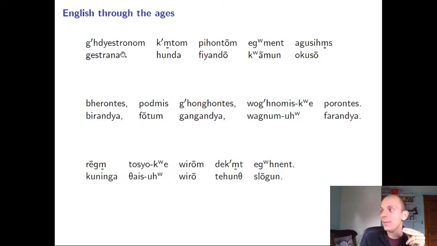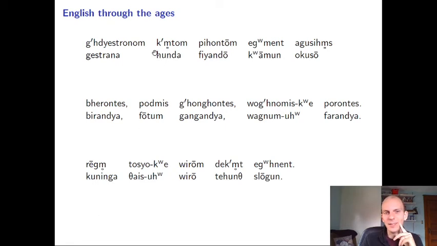This is saying the same thing, except 4,000 years later. Now read the second lines here and see if you can understand anything. Castrana hunda fiando quamon ocusa berandia. Makes perfect sense. Any hints? It looks a little bit better, right? Looks a little less crazy, at least. So maybe we're getting somewhere.